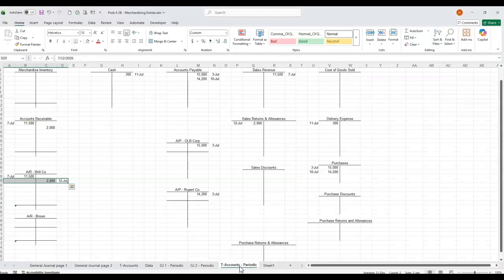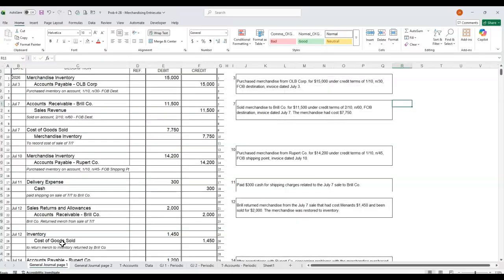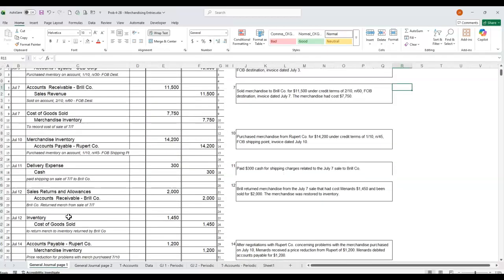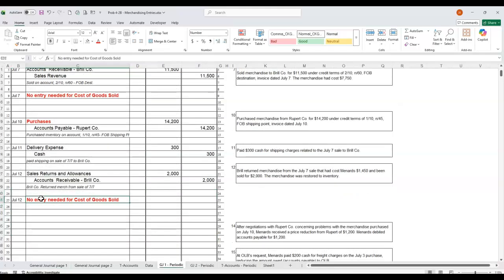But I want you to look at this, the entry for the return under the perpetual method. We did the sales returns and allowances and accounts receivable the same, but we would debit inventory and credit cost of goods sold for the return of the inventory to our warehouse. In this case, there's no entry needed for the cost of goods sold.